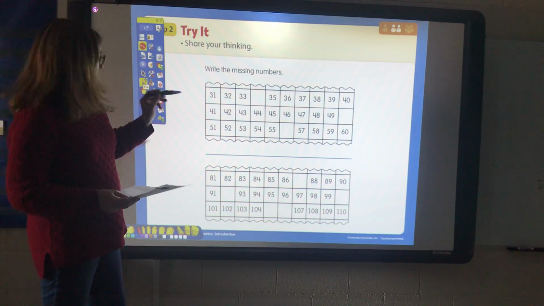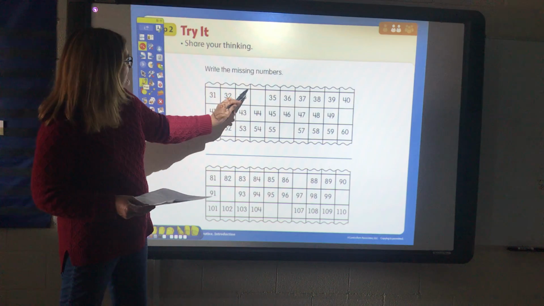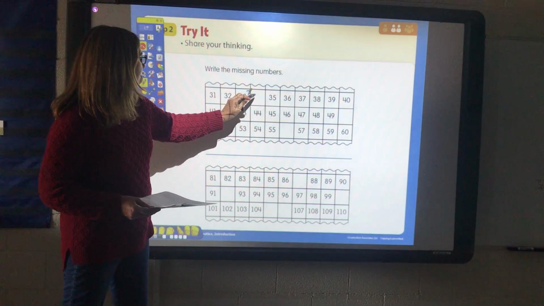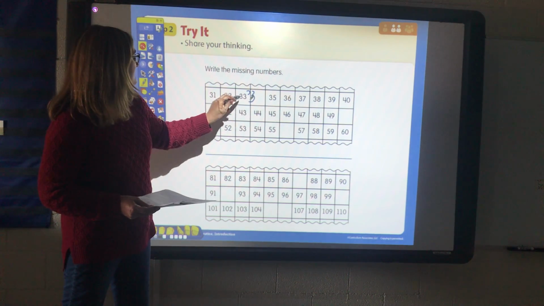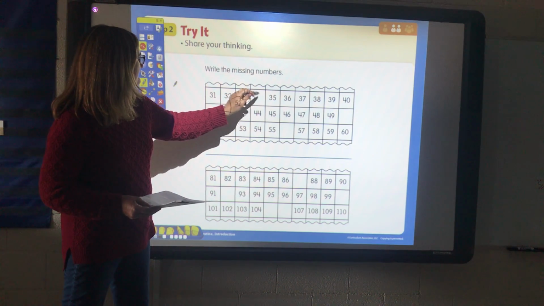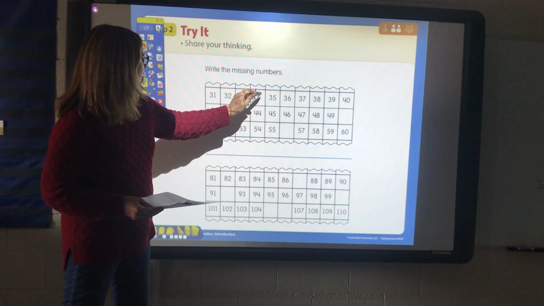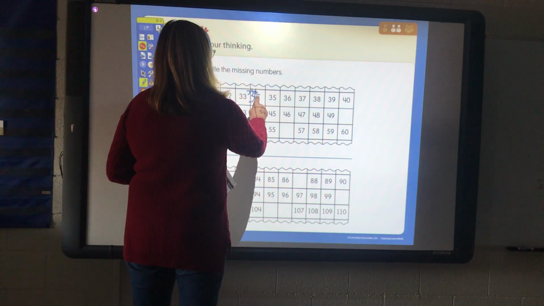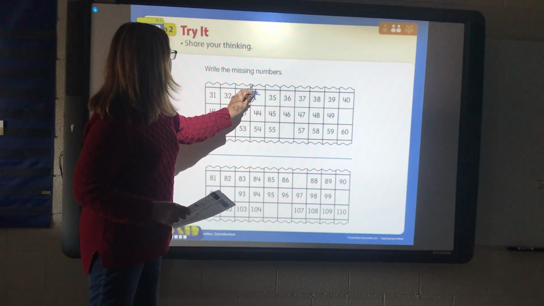Okay. Well, when I count, I know 31, 32, 33. My pattern would be in the 30s. And then I know what comes after 3 when I'm counting. 34 would come next.